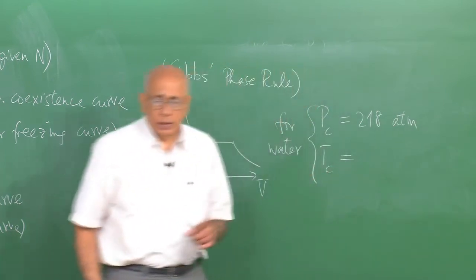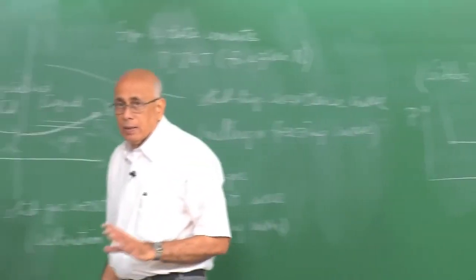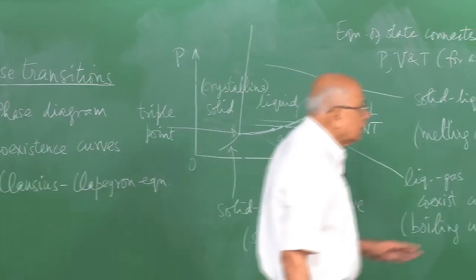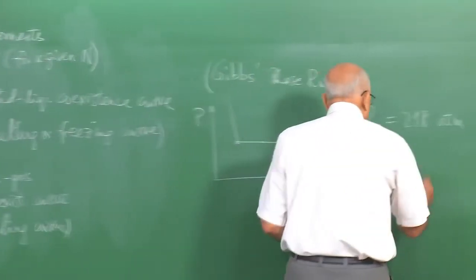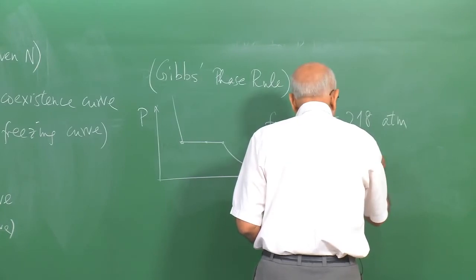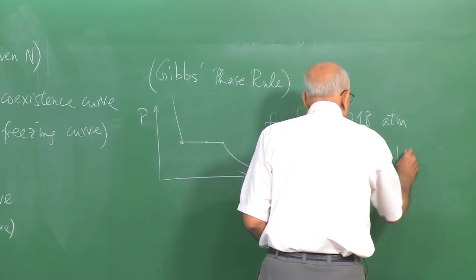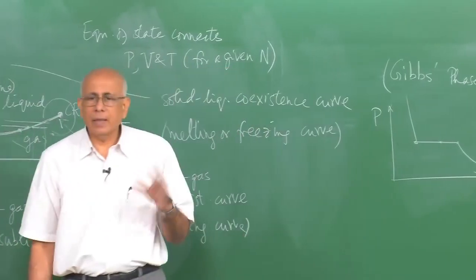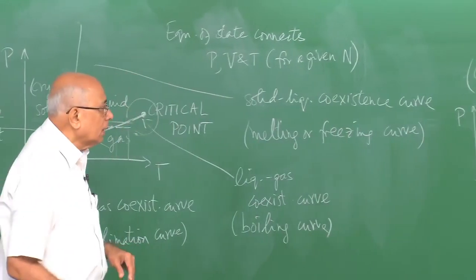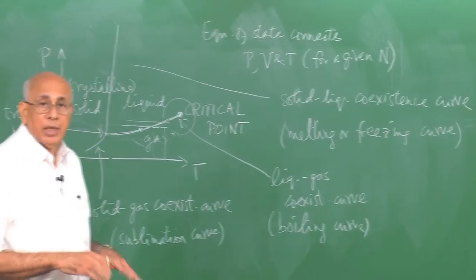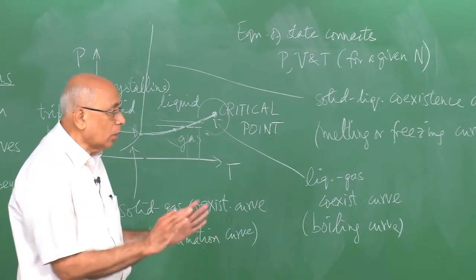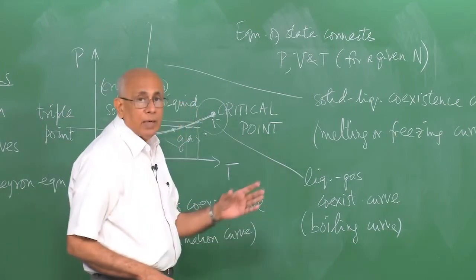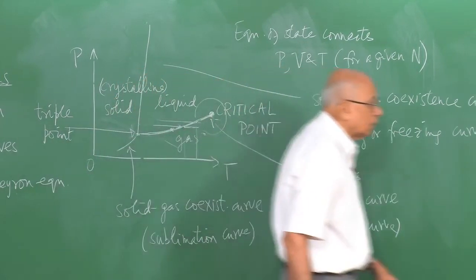Remember, 1 atmosphere is 10 to the 5 pascals approximately, and Tc in this case is about 647 Kelvin, 374 or something like that in Celsius. So it is very, very much higher than the normal boiling point at 100 Celsius, and the pressure of course is not at 1 atmosphere but 218 atmospheres here.